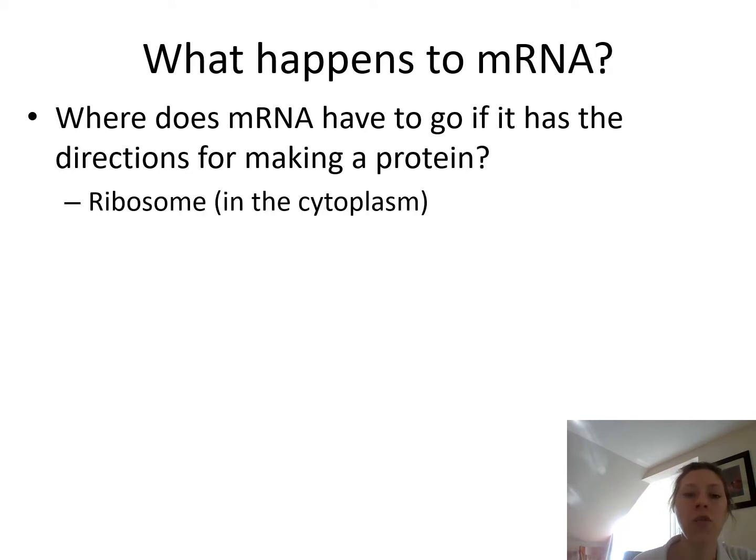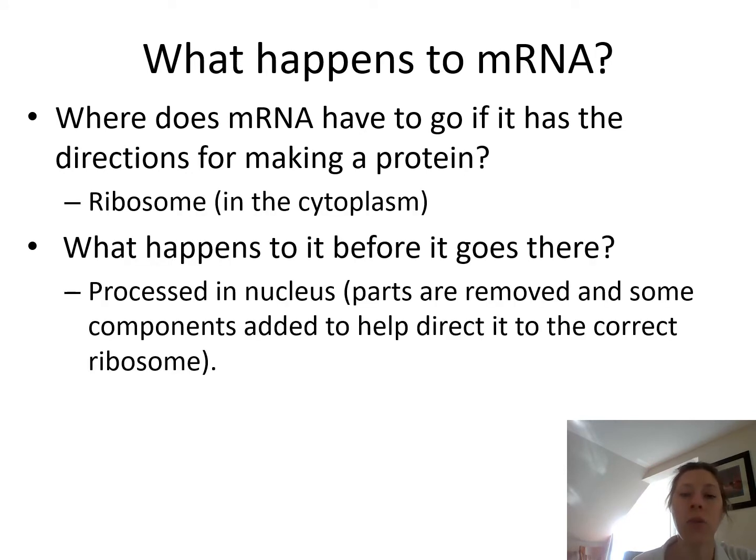Okay, so that messenger RNA is going to head out of the nucleus and it's going to go to the ribosome. Okay, there is some processing that occurs in the nucleus. There's some modification. We got to tag it so that it knows which ribosome to pair up with. So again, a little bit of an oversimplification. There are some other things going on.